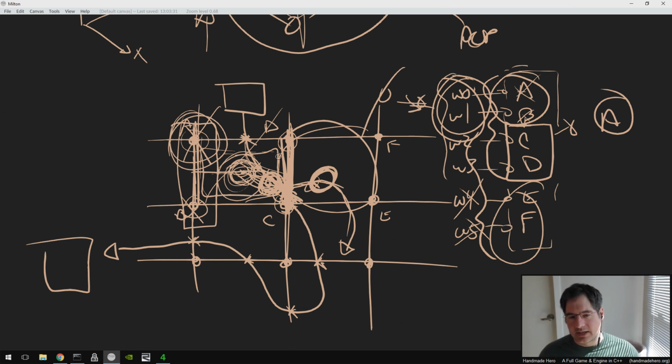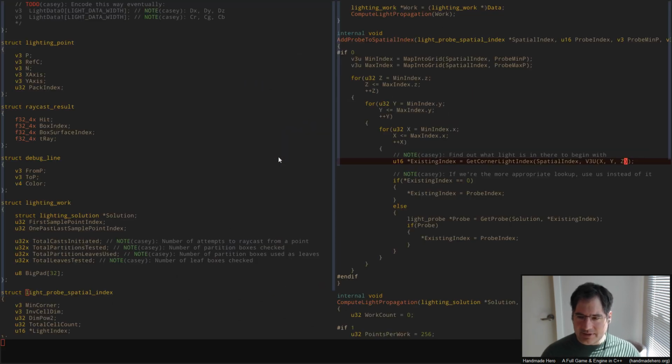And because we know we're placing those light probes, we can probably also do some work with making sure that nothing is too wonky there. I think this will work out. So I'm going to give that a try. It's a lot.